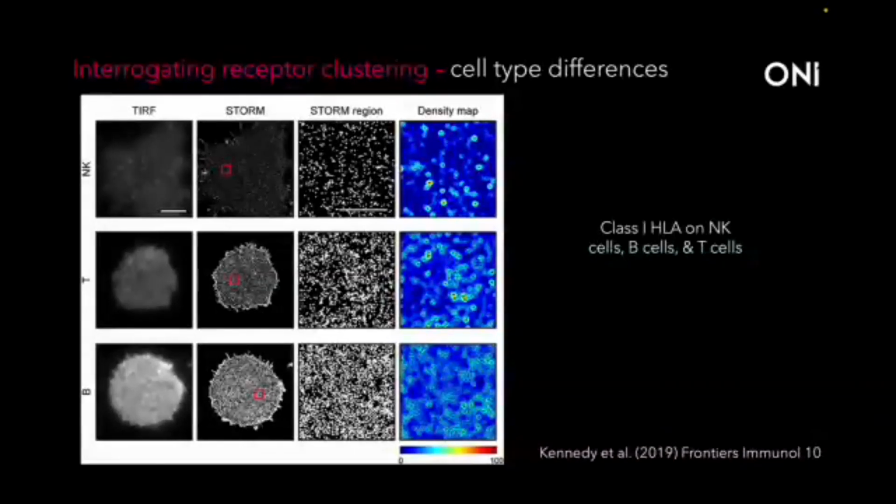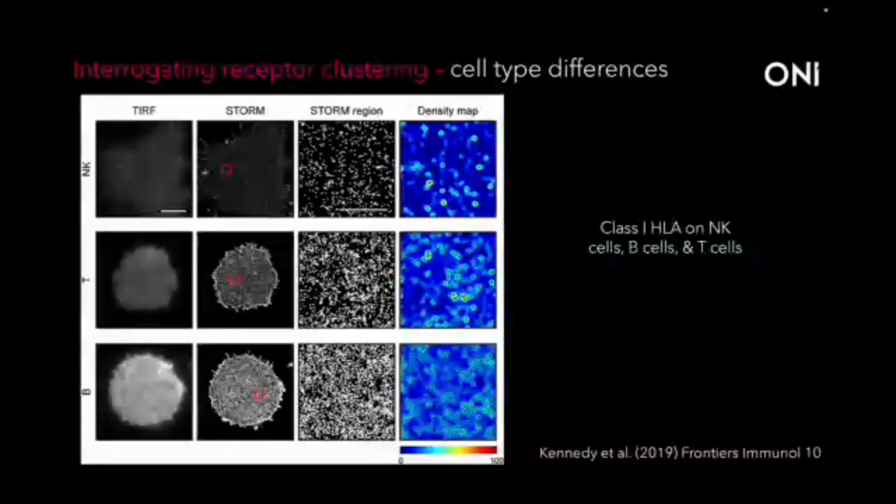behavior. So in this study, which again was from Dan Davis, they were looking at class 1 HLA on different cell types, natural killer cells, T cells, and B cells. And they observed that the density and clustering of these molecules differs according to the cell type, even for the same class 1 molecule, which means that these different molecules may induce different sensitivities for cognate TCRs on T cells that are interacting with these cells.